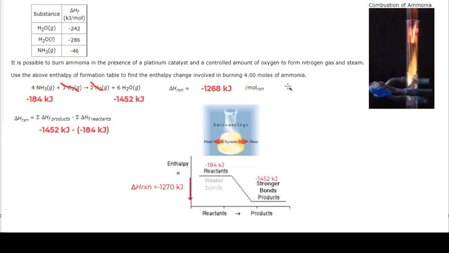And negative means that you're losing potential energy. Well, there's our problem. It makes sense. We get a value that is exothermic. The numbers look good. And for a combustion reaction, having something in terms of thousands of kilojoules is a pretty typical answer. So now we have a nice example of Hess's law.